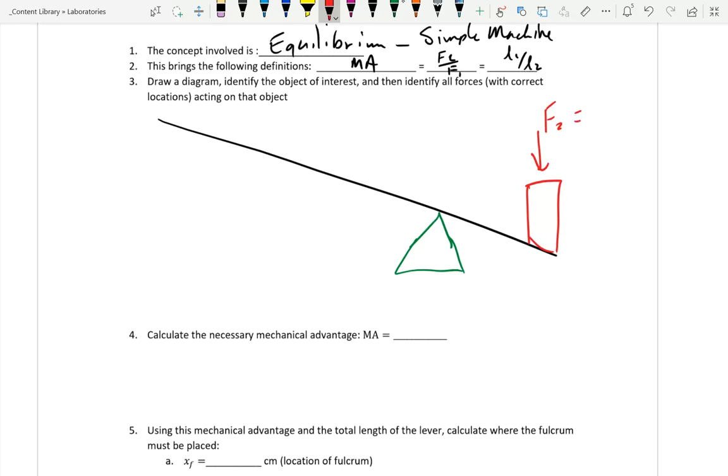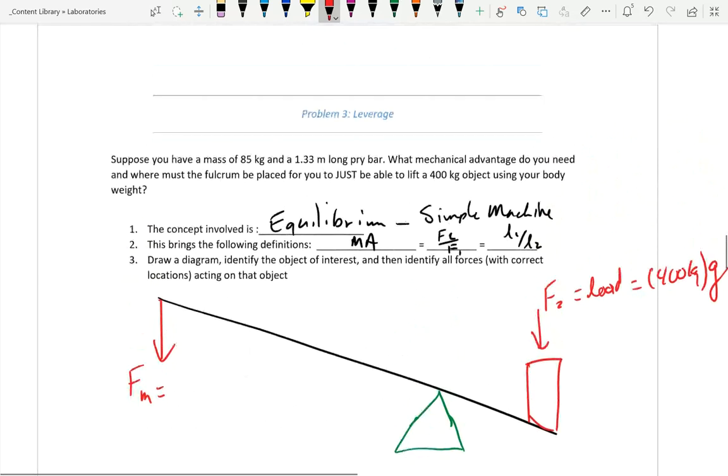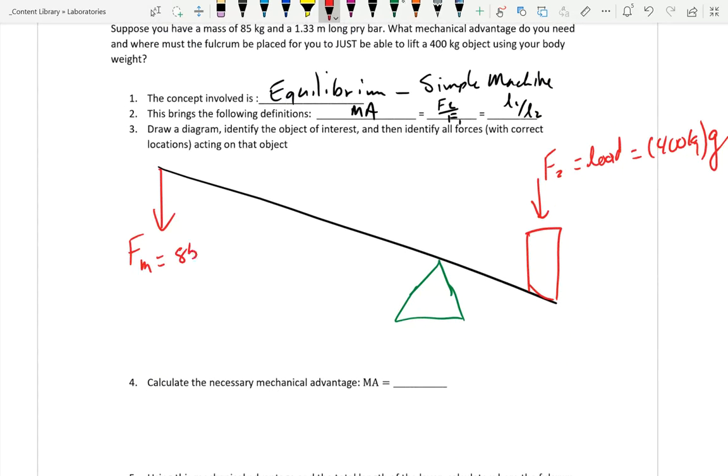Force 2 is equal to the load, which it tells me is 400 kilograms times g. And then I want it so I can just barely lift it if I'm hanging off of the end. So I'm going to have at this end force of me, which is equal to my mass, I wish it was my mass, of 85 kilograms times g.